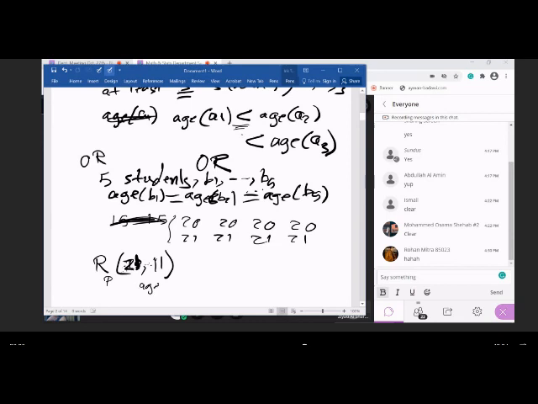There are at least 21 students where the age of A1 is strictly less than the age of A2, and so on, strictly less than the age of student 21, or there are at least 11 students where the age of B1 equals, and so on, the age of B11.